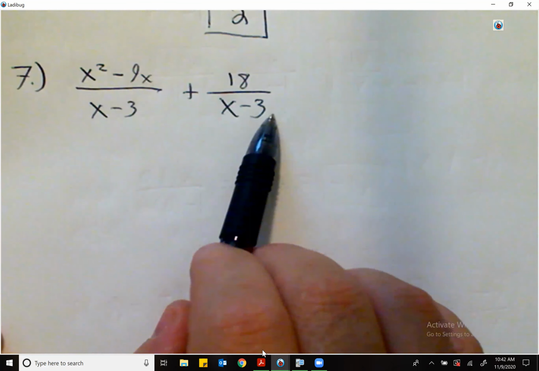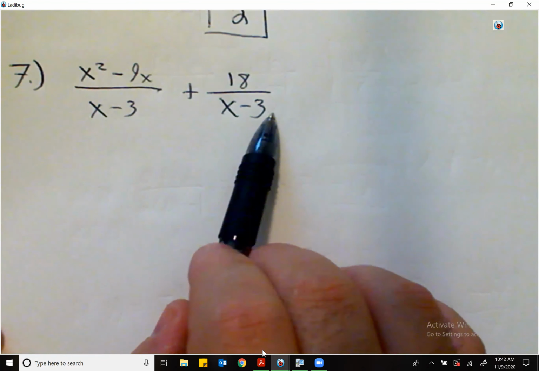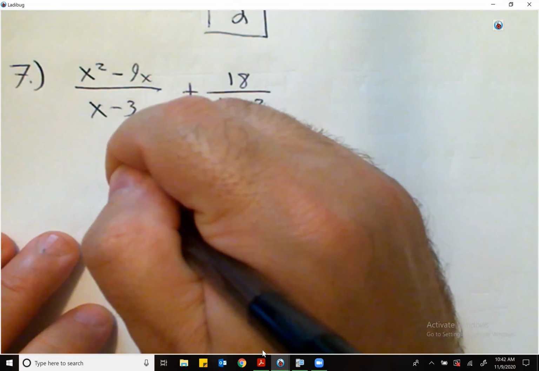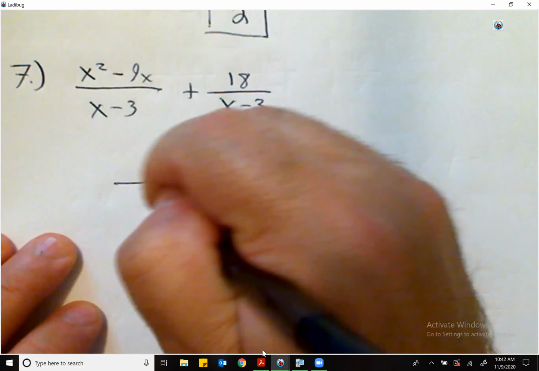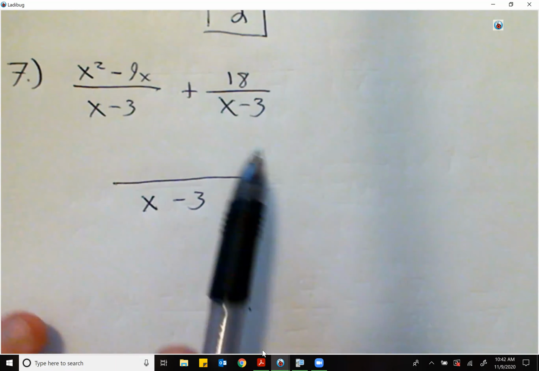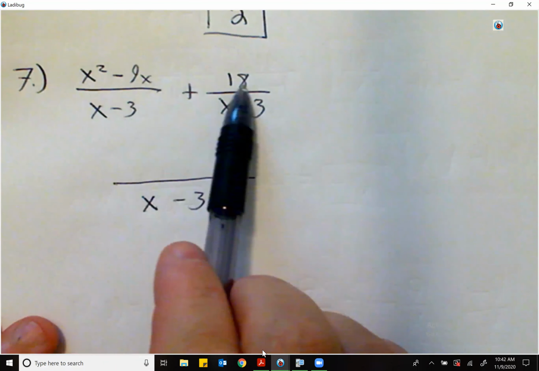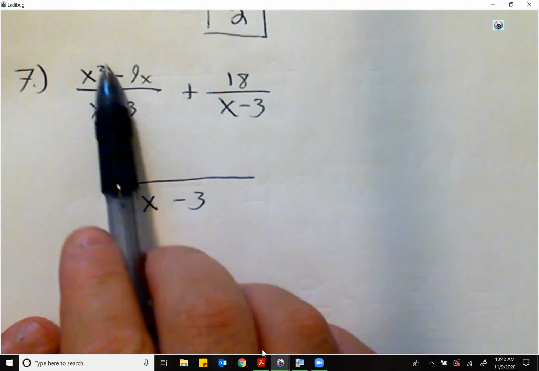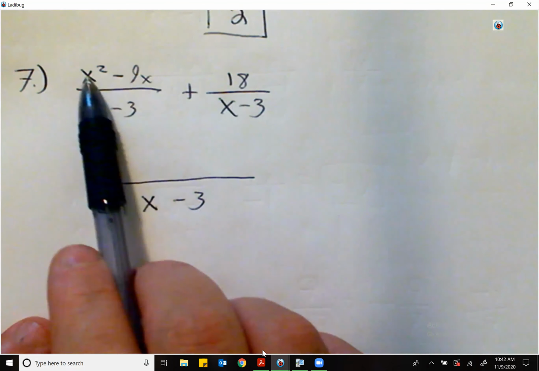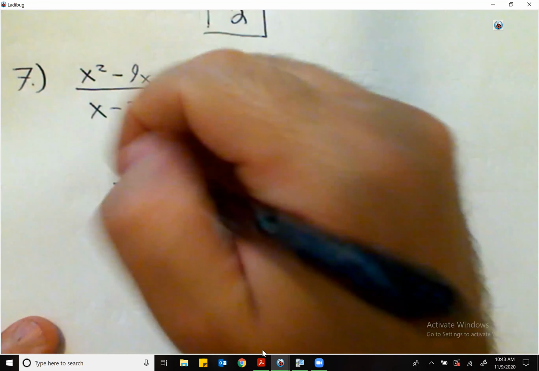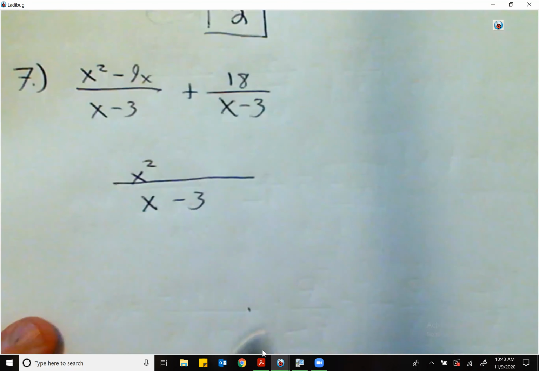All we have to do is combine like terms across the numerator. Is anybody getting together with x squared? No, so we write it down. Anybody with negative 9x? No, so we write it down. And plus 18, anybody getting together with the 18? No, so we write it down. No one got together, but they don't disappear. We have to write them down.